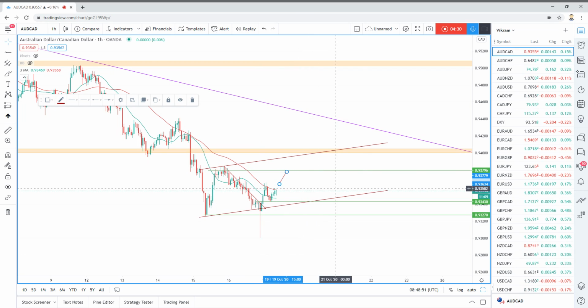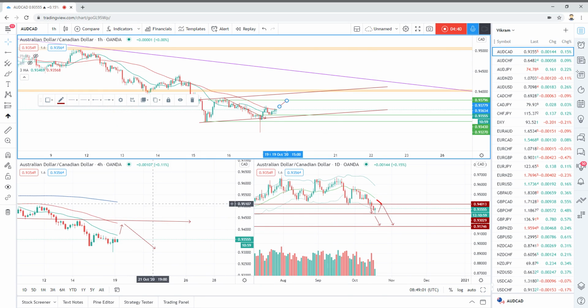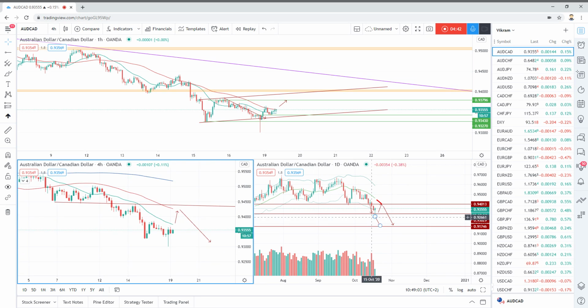Always remember, 1 hour is a short term setup, so it is suitable for a few pips only. Whereas if you are going to trade in the 4 hour chart here, then of course you can see there is a huge possibility of pips to be made.